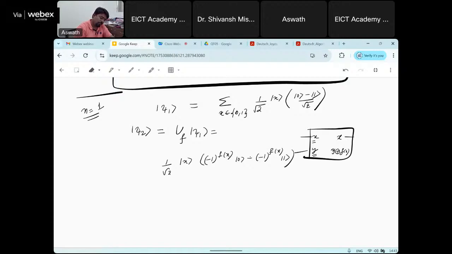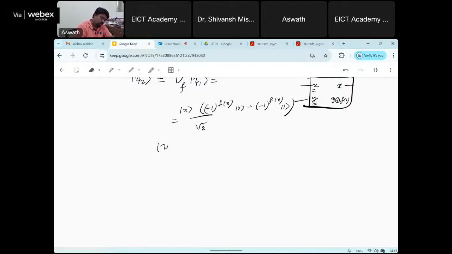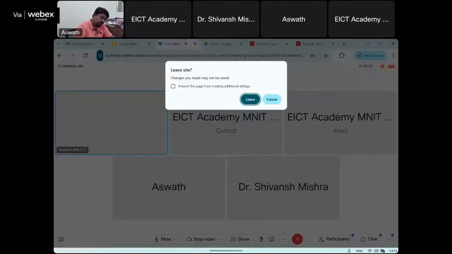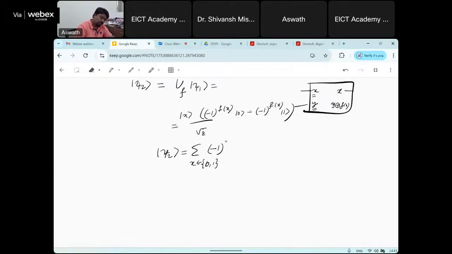This is what you will get. We have to take one factor out. So psi2 is equal to minus 1 to the power of f of x, summation over x belongs to {0,1}, 0. There is a square root of 2 here also. I'm sorry, I should have it here.